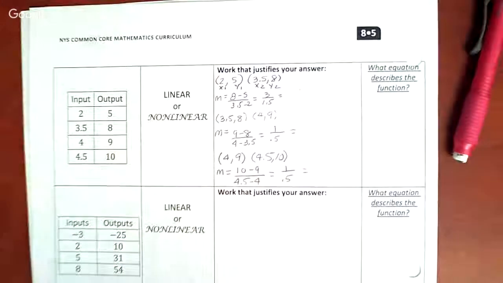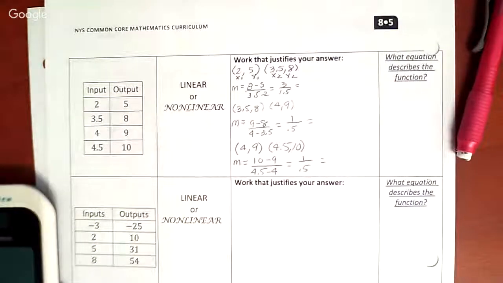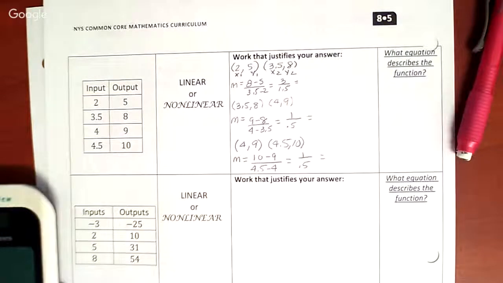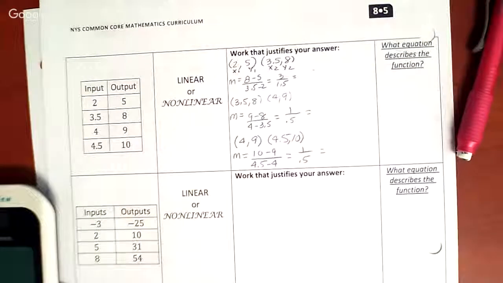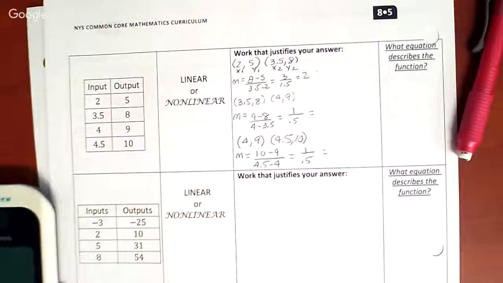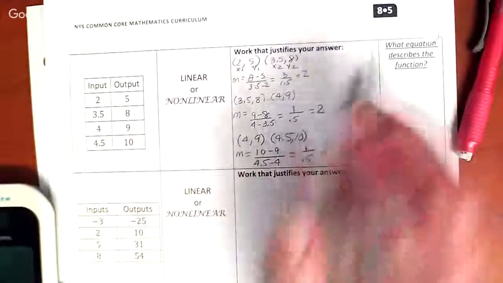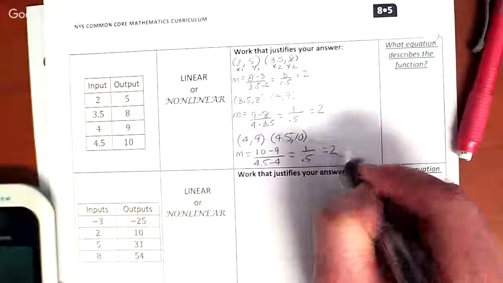Let me get my calculator. Nice. We have 3 over 1.5, which is 2. Then we have 1 divided by 0.5, which is 2. And this is also 2.